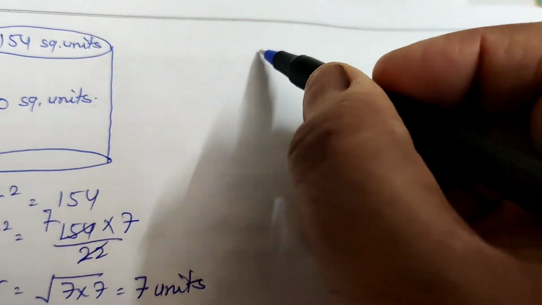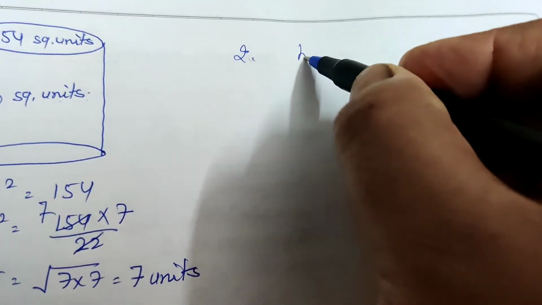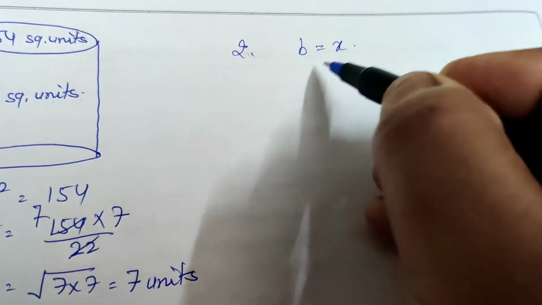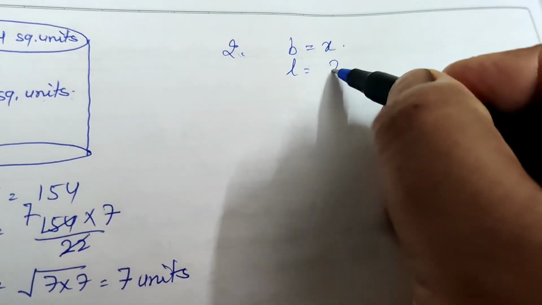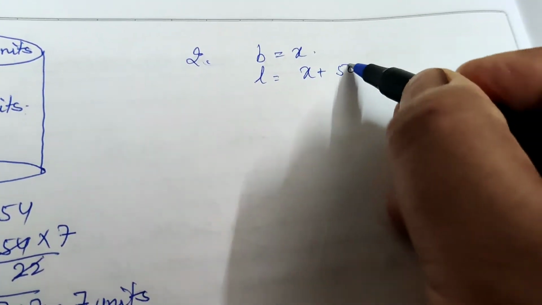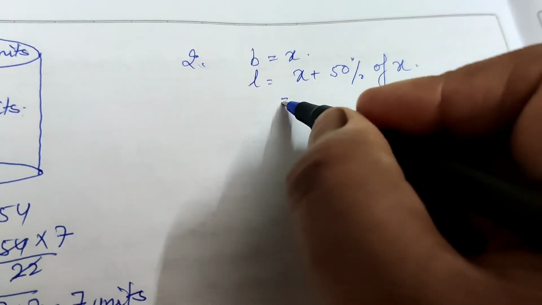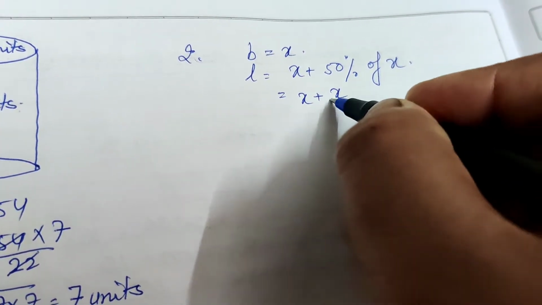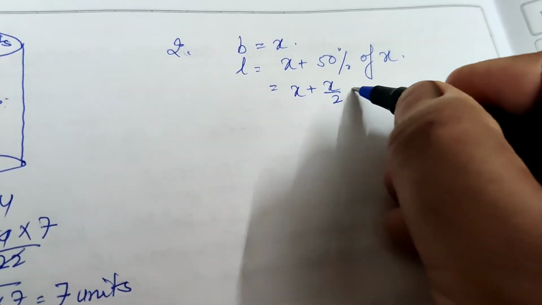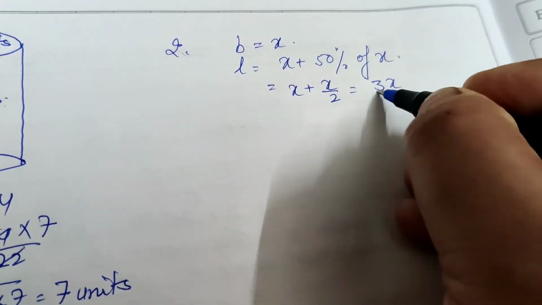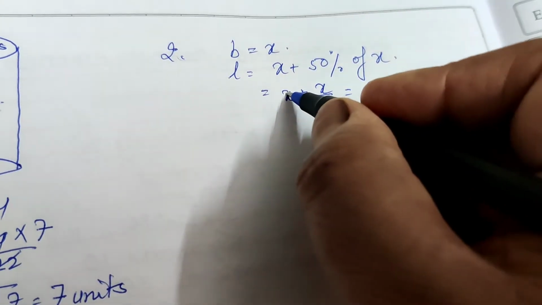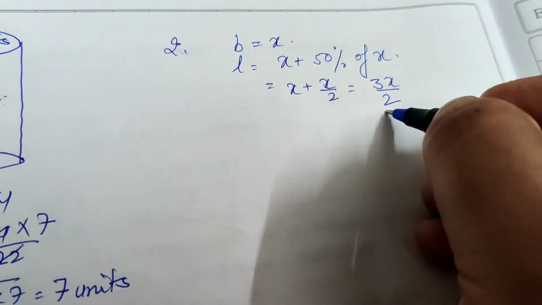Question number 2. Let the breadth equal x. Then the length equals x plus 50% of x. 50% means half, so 50% of x is x by 2. Then 2x plus x gives 3x by 2.